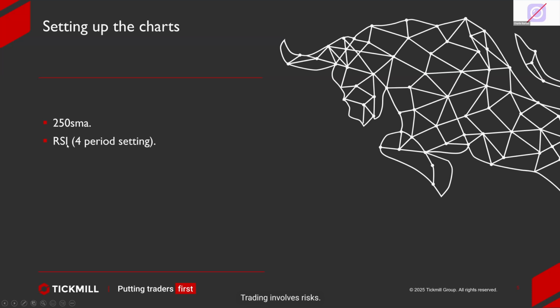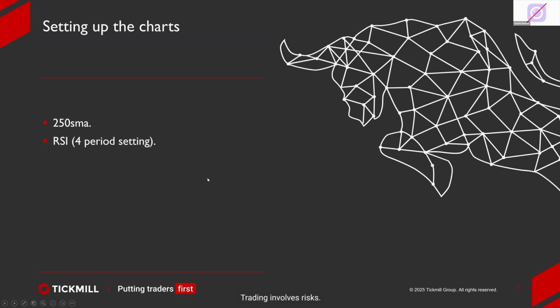We are using a 4-period RSI for this. So nice and simple. The standard RSI setting is 14 or 21, what you get out of the box. People either use a 14 or a 21.